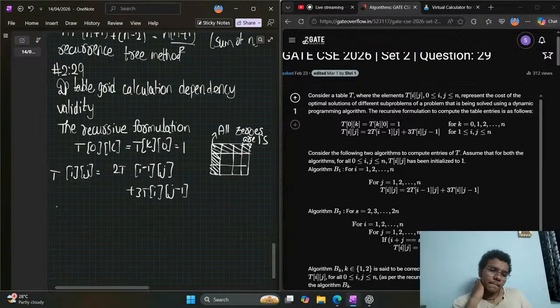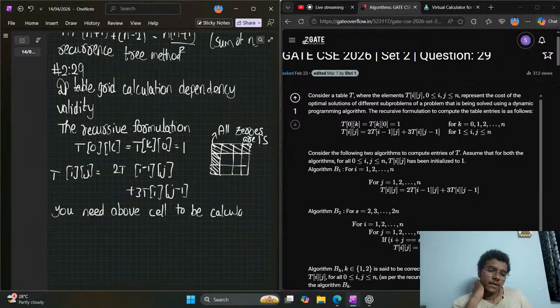So you need the above cell to be calculated and the left cell to be calculated.